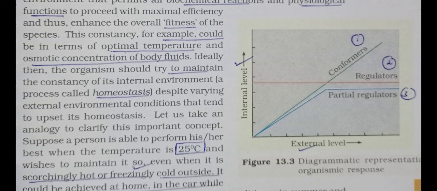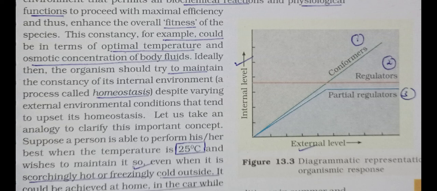So we have the organisms of three different categories, and all three show different types of responses. See, if we talk about the conformers, then the response of the conformers will be linear. If we talk about the regulators, then the response given by regulators will be the red line. If we talk about the partial regulators, the response will be like conformers at the initial level, and after that it will be like the regulators.